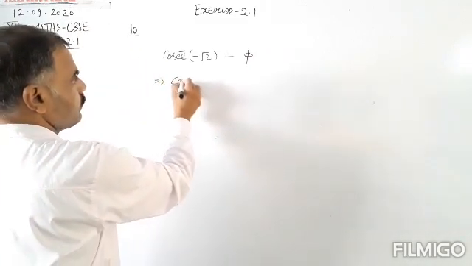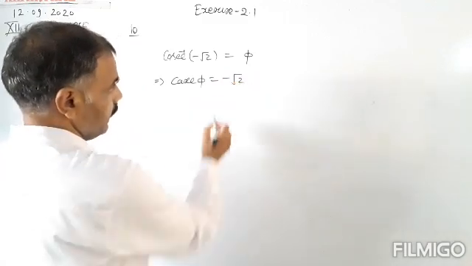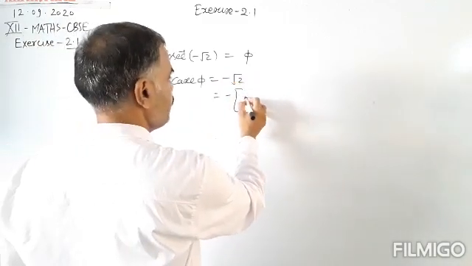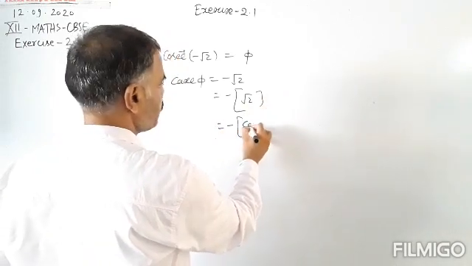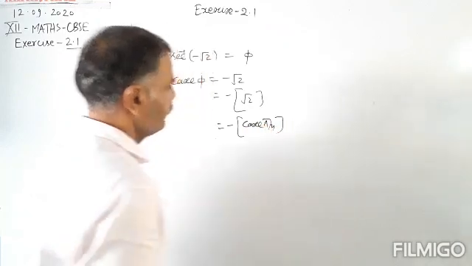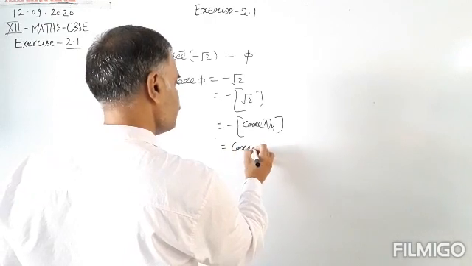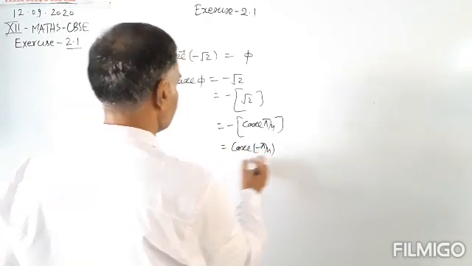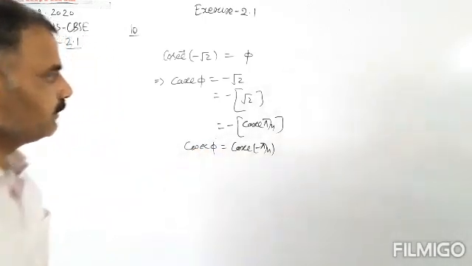So cosec phi is equal to minus under root 2. Again, forget the negative sign, it is under root 2, and under root 2 is equal to cosec pi by 4. So this is cosec minus pi by 4. Cosec phi is equal to cosec minus pi by 4.